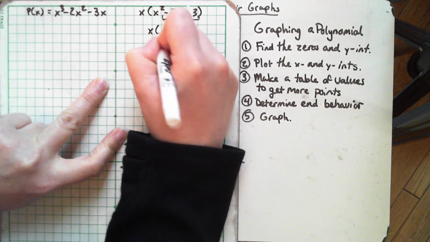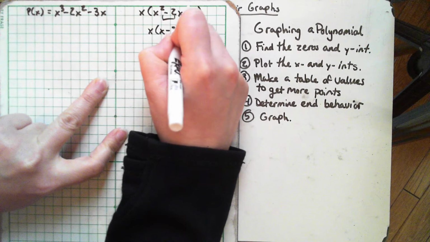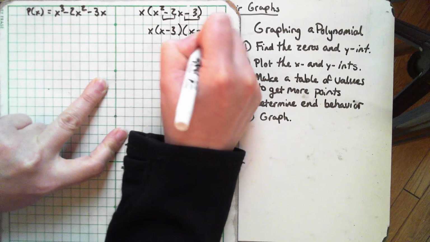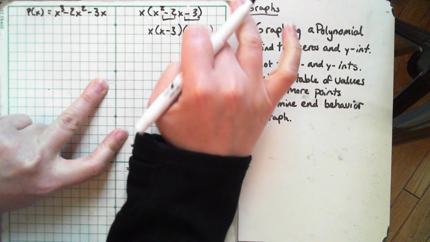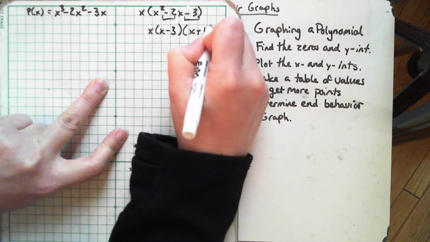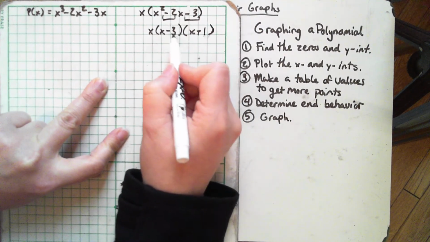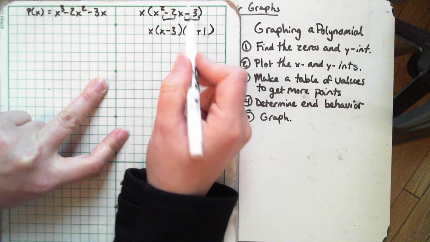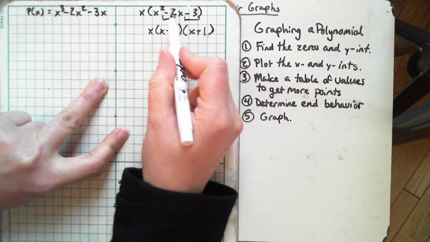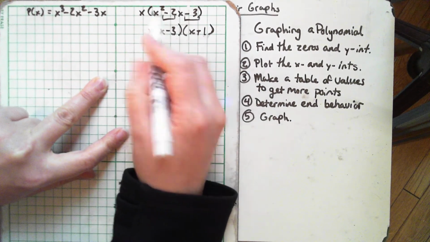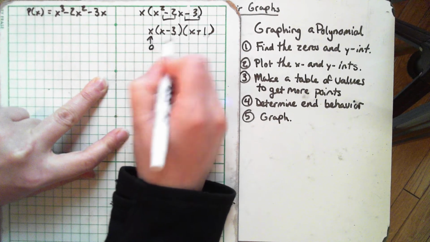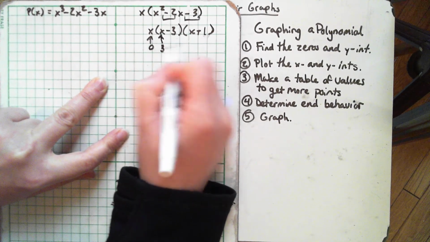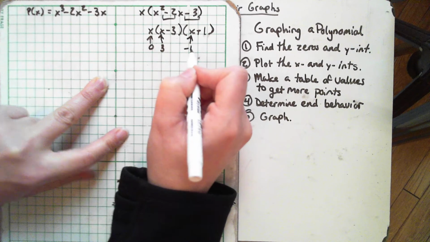So that's going to be x times x minus 3, x plus 1. Okay, because -3 times +1 is -3, and -3 plus 1 is -2. So this is my factored form. So my zeros are 0, 3, and -1.